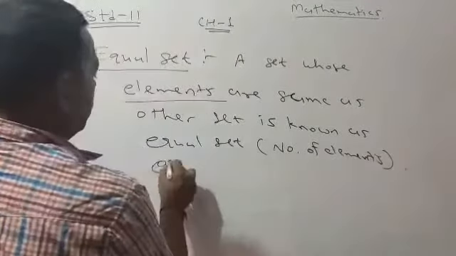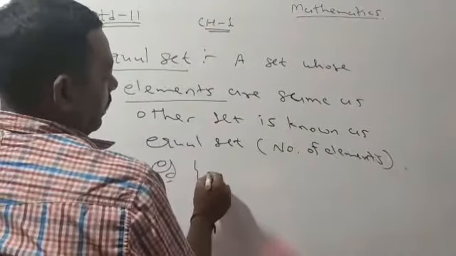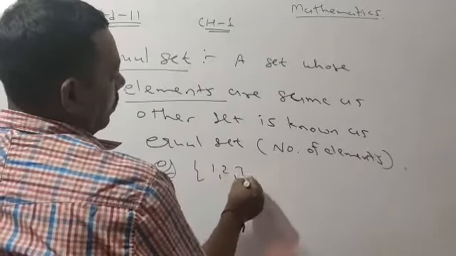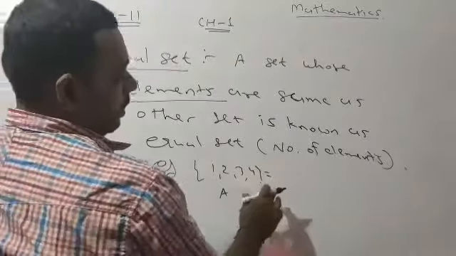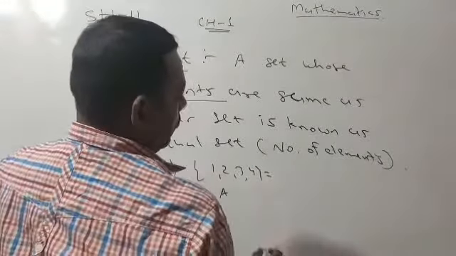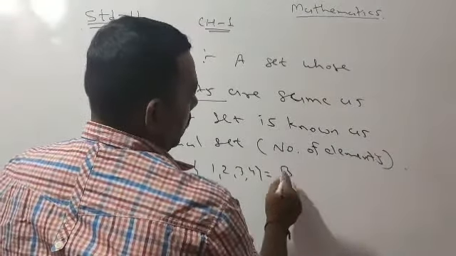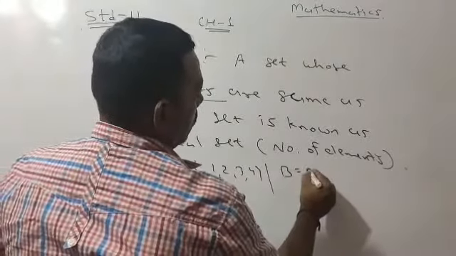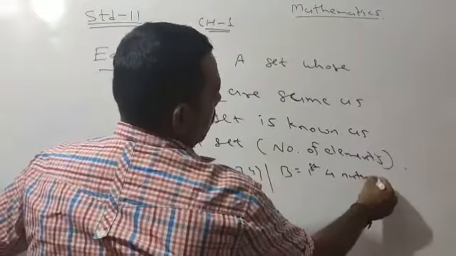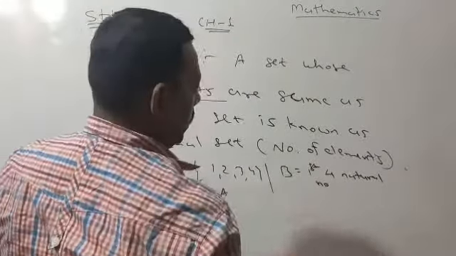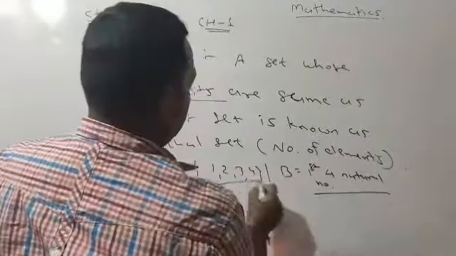Okay, I will write one example. If here I write 1, 2, 3, 4, the name of this set is A, and here my question is first 4 natural numbers, that is set B. First 4 natural numbers, then also we write the same answer.